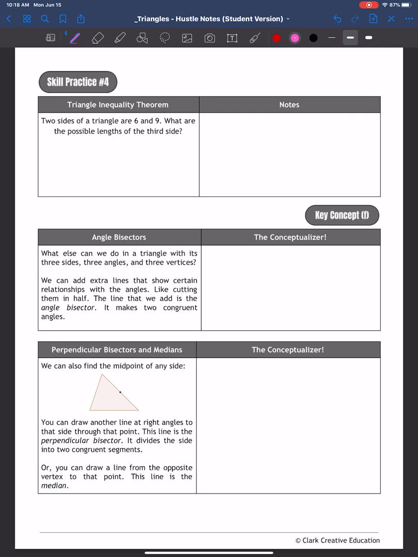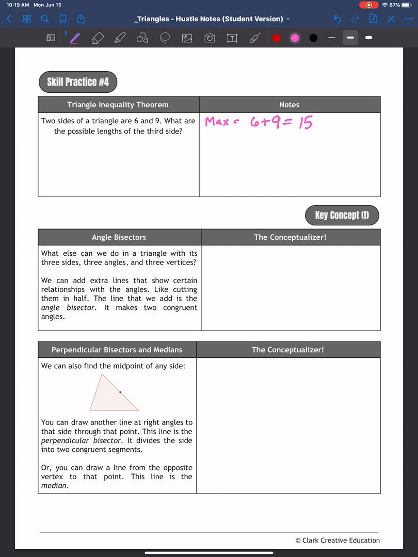So if two sides of a triangle are 6 and 9, what is the possible length of the third side? You're going to add your 6 plus your 9, which equals 15.